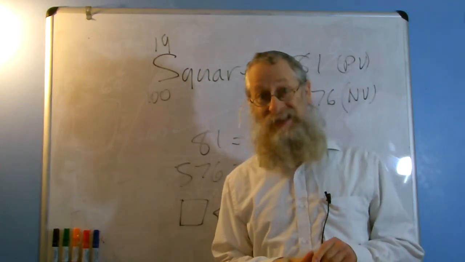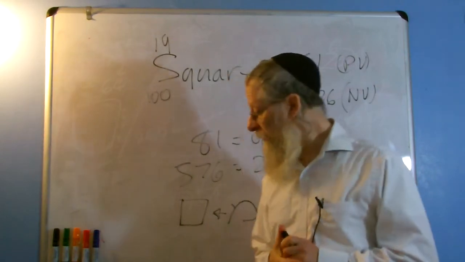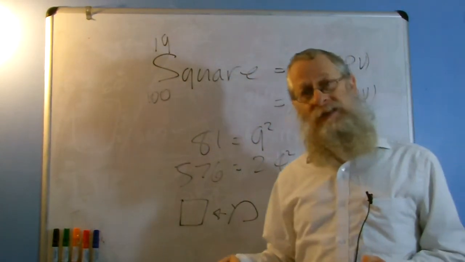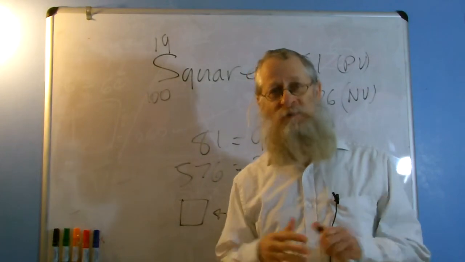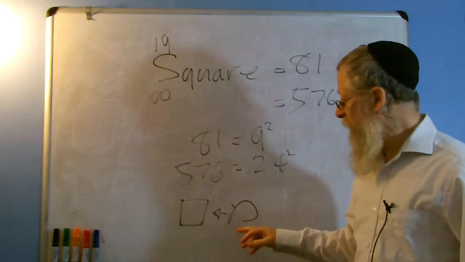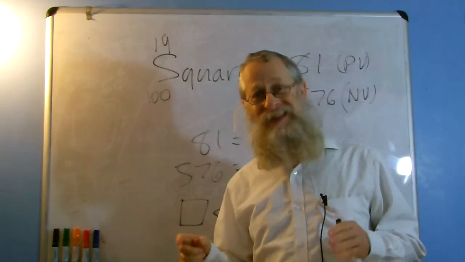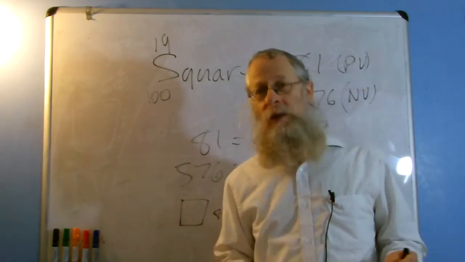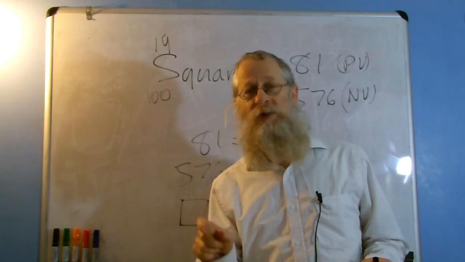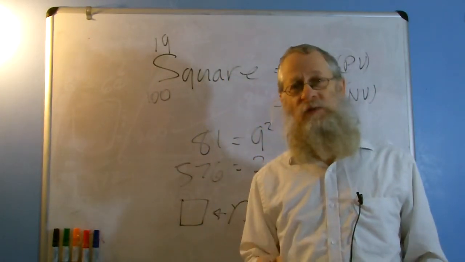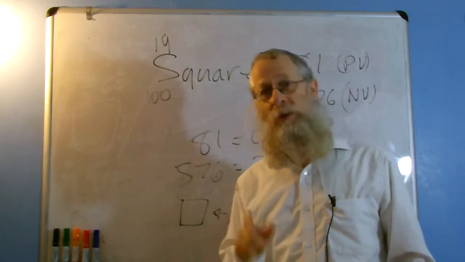There are 5 letters that do that, and therefore the final mem has 2 possible values in every system. It can either be 13, because mem is the 13th letter, or, if you put all the 5 final letters at the end of the alphabet, the last letter being taf, which is 22, final chaf is the first of the final letters. Final chaf is 23. Final mem is 24.